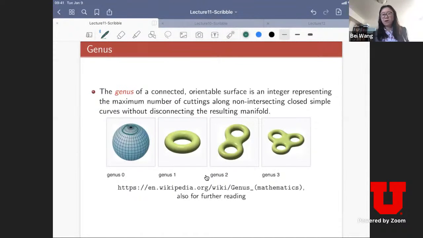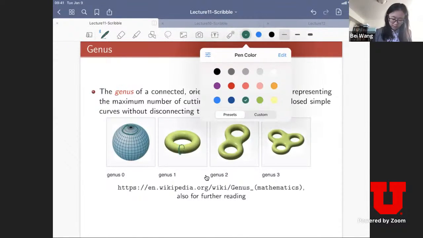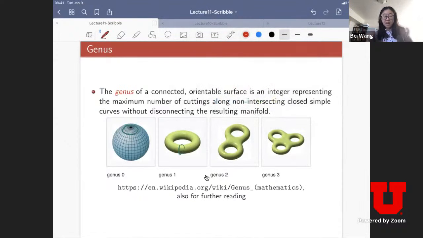Now, the torus is genus 1 because if I take one single cut like this, I'm not disconnecting it. But if I do one more, I'm disconnecting it. So the maximum number of cuts I can do is 1.